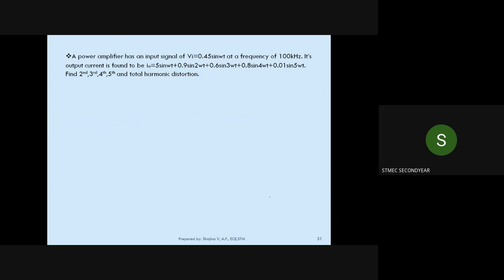A power amplifier has an input signal Vi equal to 0.45 sin omega t at a frequency of 100 kilohertz.